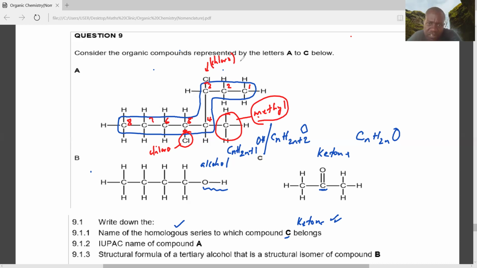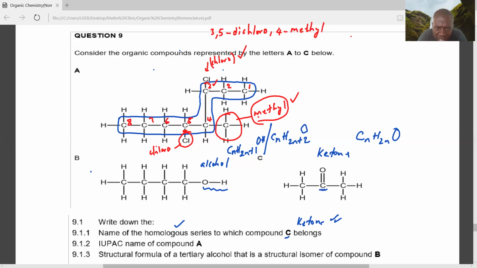But we have branches, we have chloro and we have methyl. Alphabetically, which one comes first between chloro and methyl? C comes before M. So the name will be: the first chlorine is at carbon number 3, the second one is at carbon number 5, so it will be 3,5-dichloro, then 4-methyl.